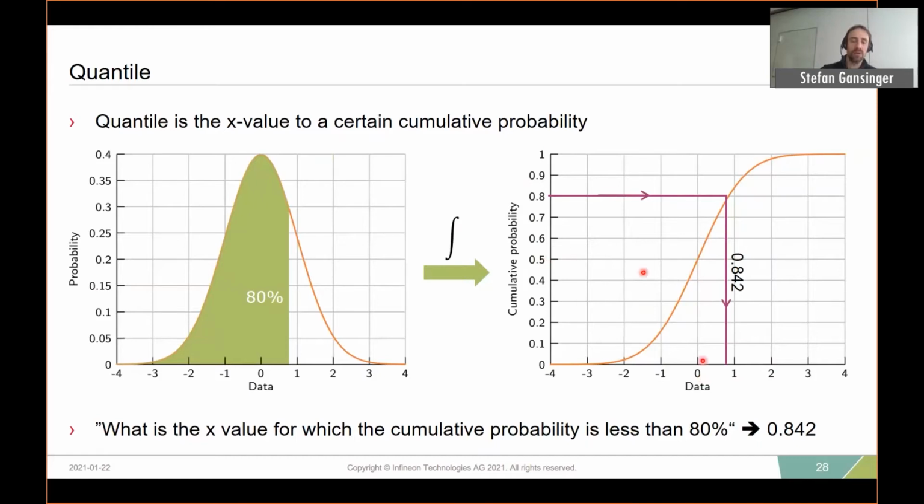Or we want to know the quantile, so the data value, for a cumulative probability of 80%. We go to here and see what the data value is. So for 80%, we have 0.842, for instance. So the data value is the quantile for a given cumulative probability. And this can now be used to generate the so-called quantile plot.